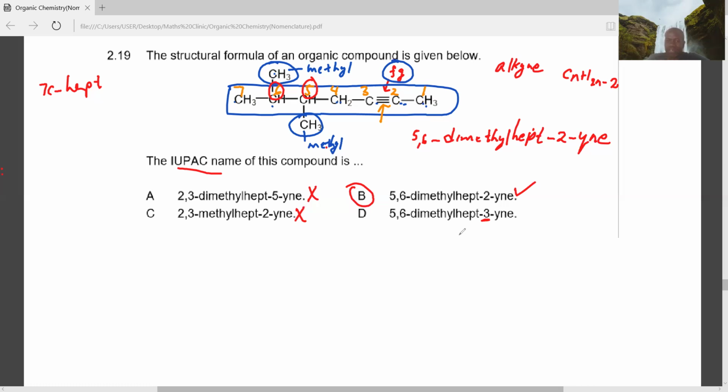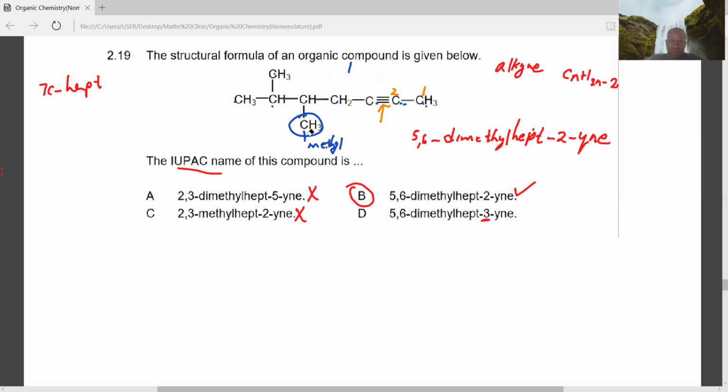So the answer is B, 5,6-dimethylhept-2-yne, because 7 is hept, 8 is oct. All the time, we give priority to the functional group, followed by branches. I believe you guys are following. Practice makes perfect. So the answer here is B.